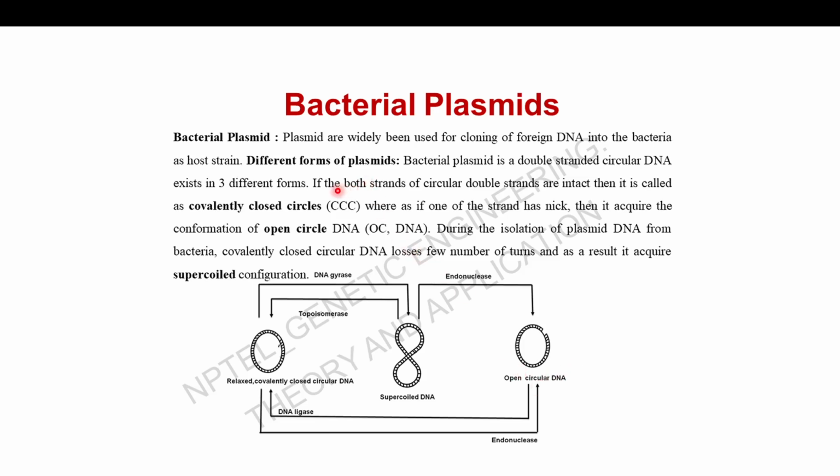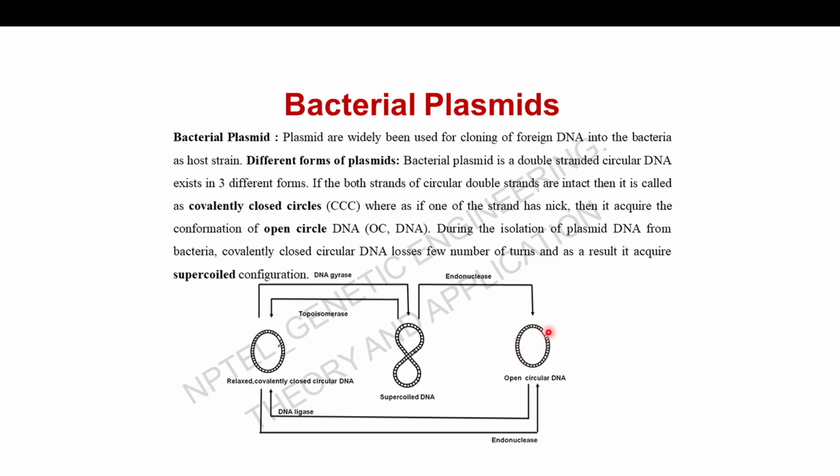What happens is, if both the strands of the circular double strand are intact, then it is a covalently closed circle. Whereas if one of the strands has a nick, then it acquires the conformation of open circular DNA.